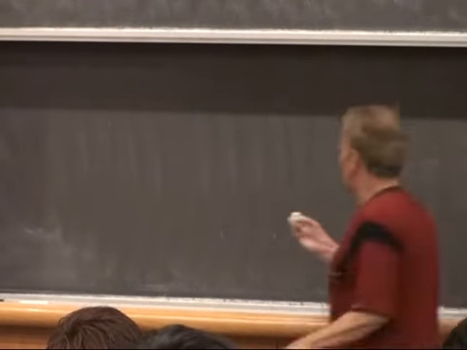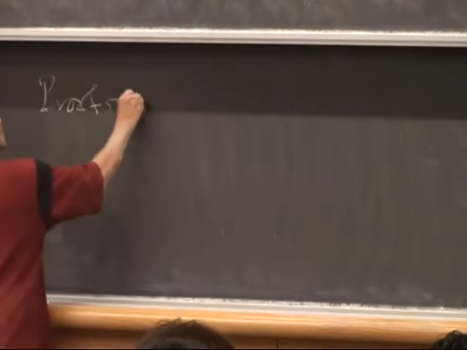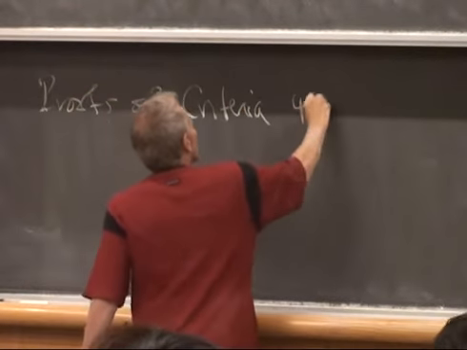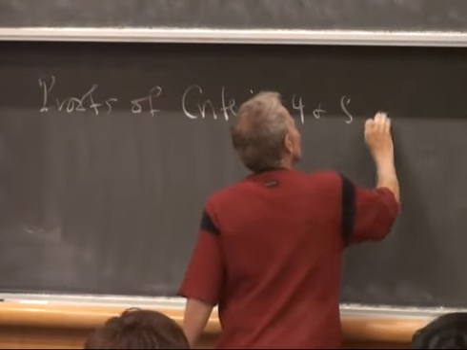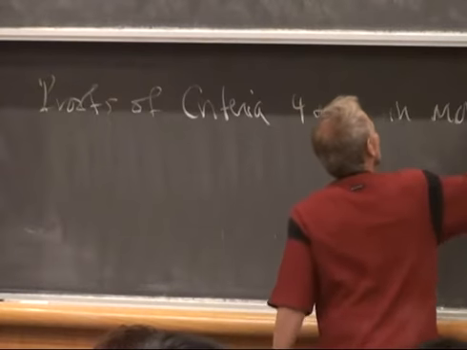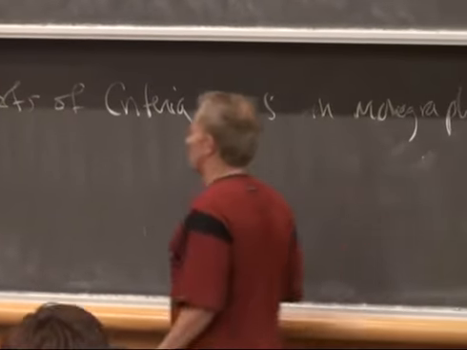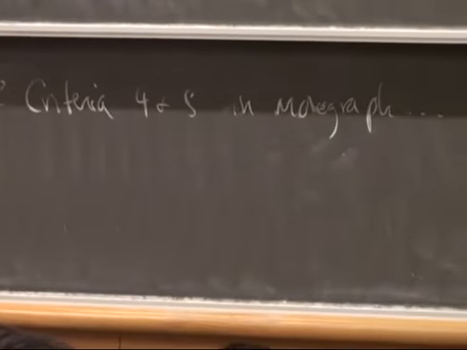Proofs of criteria 4 and 5 are in the monograph. They're not hard, but I don't see the sense of wasting class time on them, let's put it that way.